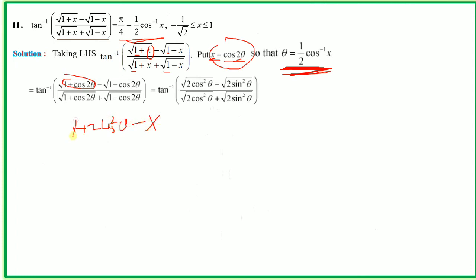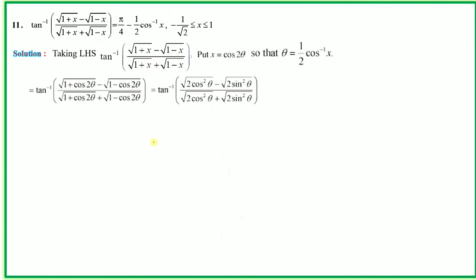This minus 1 and plus 1 cancel, so we have 2 cos square theta. For this 1 minus, cos 2 theta will be converted into sine, so 1 minus (1 minus 2 sine square theta). This 1 and 1 cancel, minus minus plus 2 sine square theta. Similarly in the denominator.